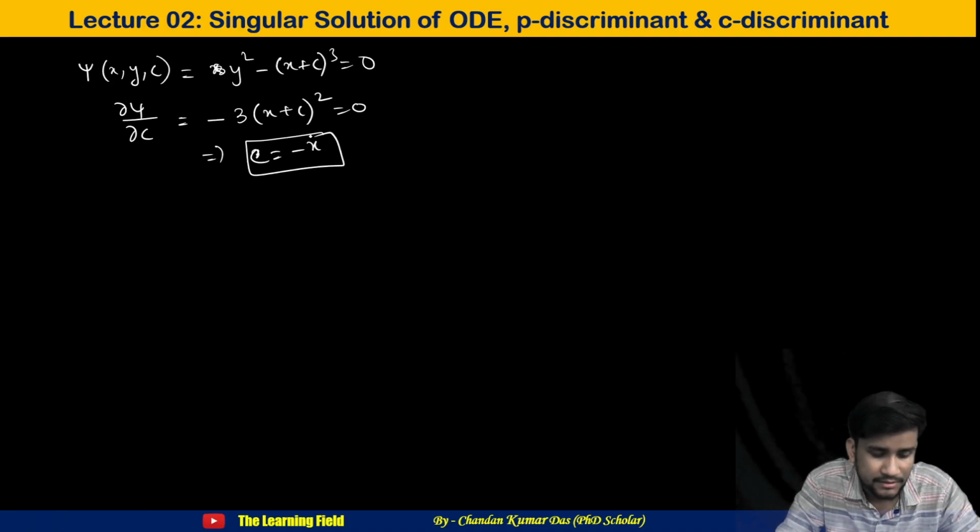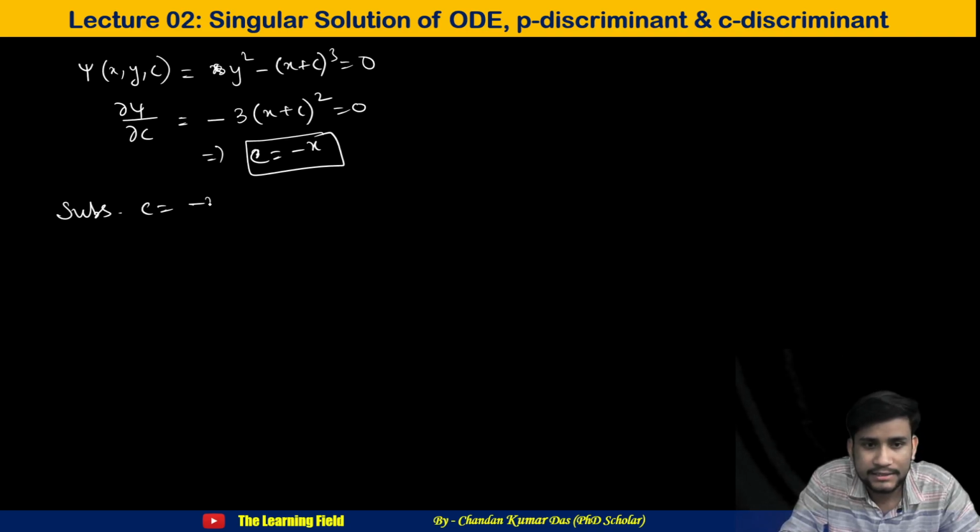Fine. So if we substitute c equal to minus x into the given solution, then we get y square equal to 0, that is y equal to 0.